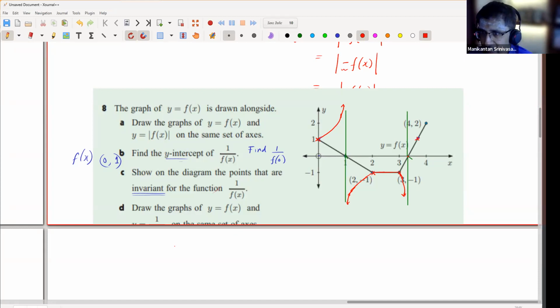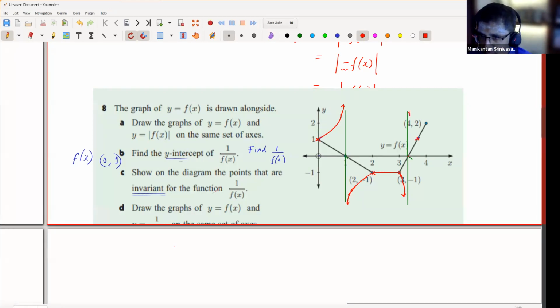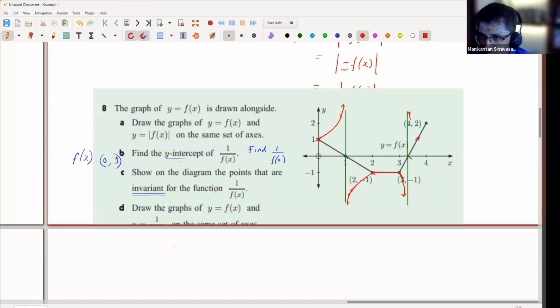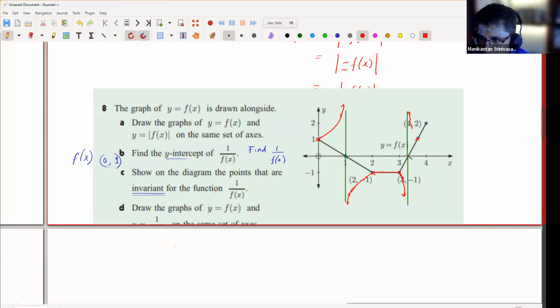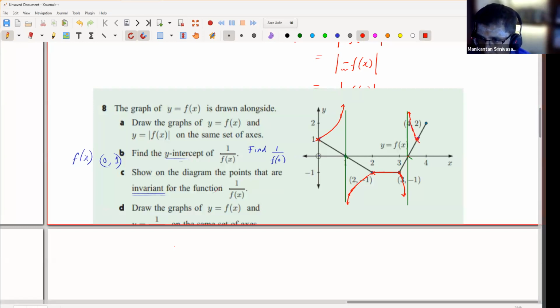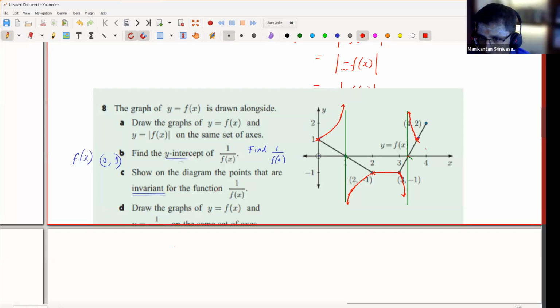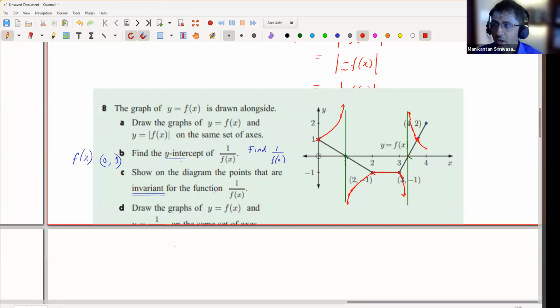Slightly after 3.3, this goes to positive infinity for the same reason as before. It'll be an asymptote, and then it'll pass through this point and gradually decrease from here. So at 4, f of x was 2. Therefore, the reciprocal of f of x will be 1/2. And that's it. And that's your sketch.